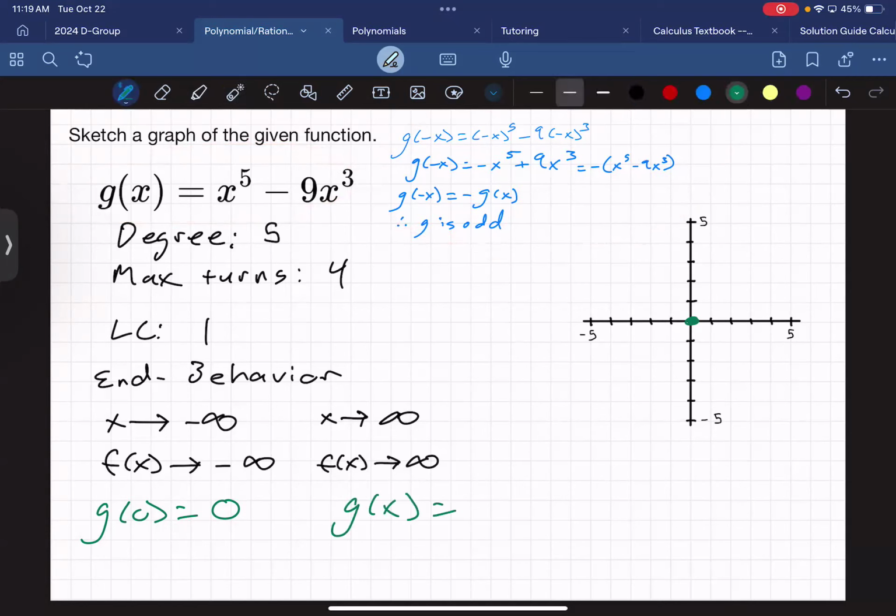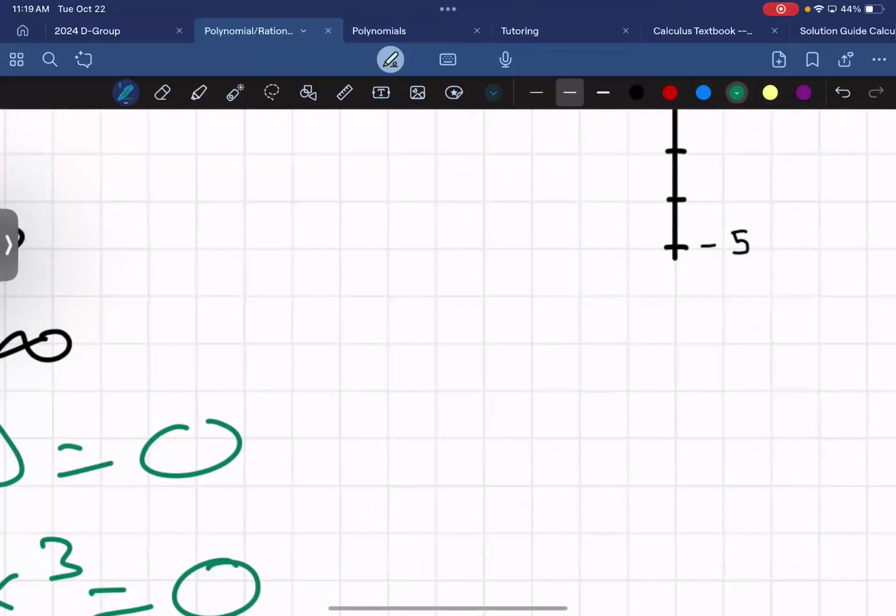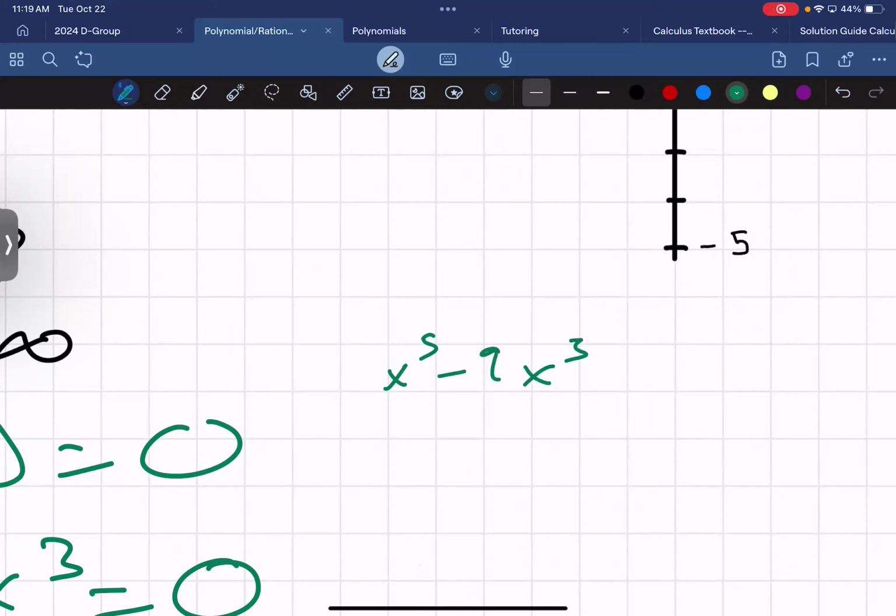Well, what is someone going to do with this when they try to find the x-intercepts? How do we go about solving this? What's going on with the two terms that we need to recognize that they have in common?